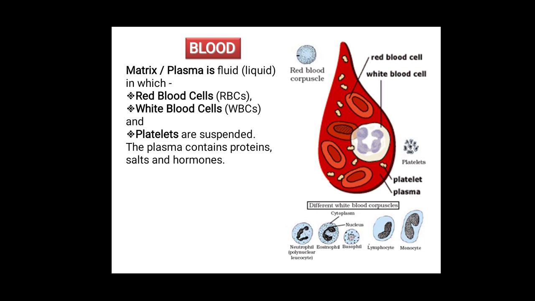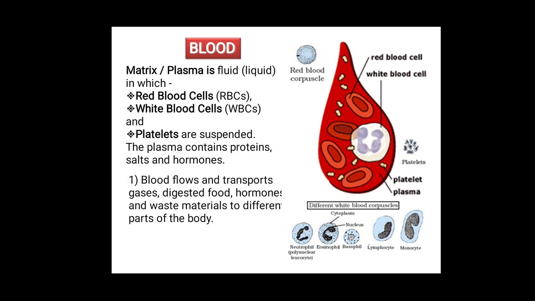Then whatever is in the matrix or the plasma, it is pale yellow in color and it contains lots of proteins and salts and hormones and nutrients like glucose, waste material like urea. So all that is present in the plasma.